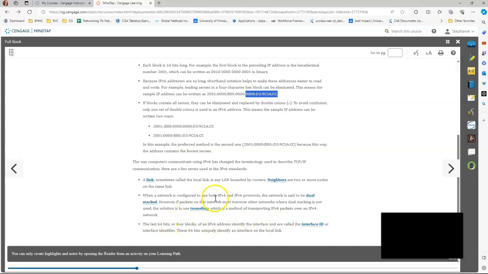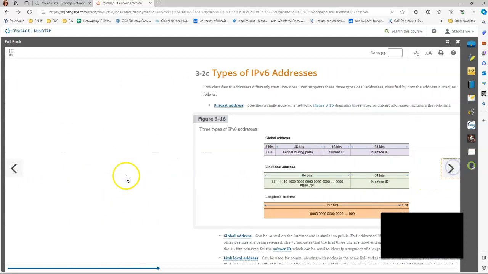So the last 64 bits, or the last 4 blocks, are the interface ID, or interface identifier. And then the first 64 are pretty much set by the local link.